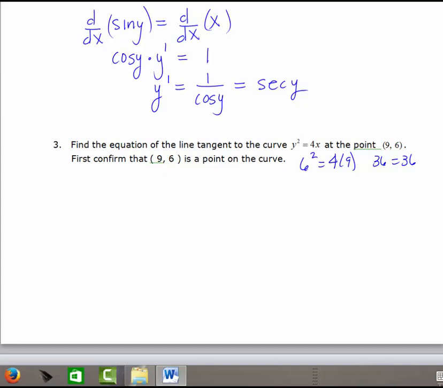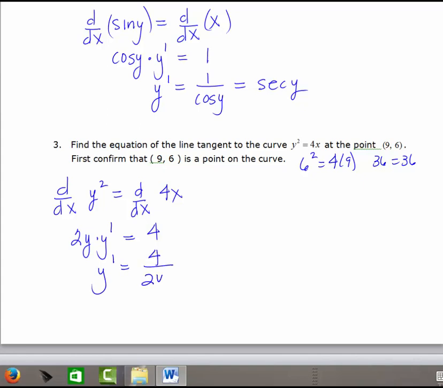I want to differentiate each side with respect to x. So d/dx y squared equals d/dx of 4x. So on the left hand side I'm going to get 2y times y prime equals 4. y prime is going to equal 4 divided by 2y, or just 2 over y.